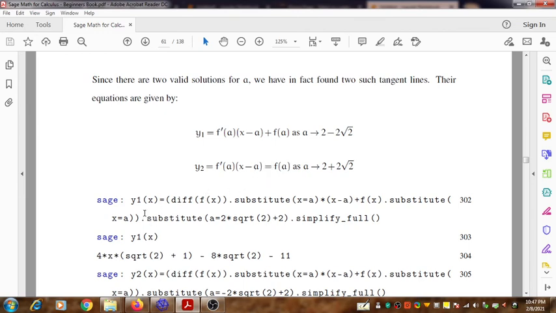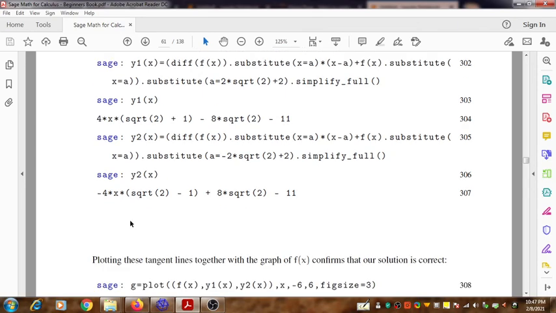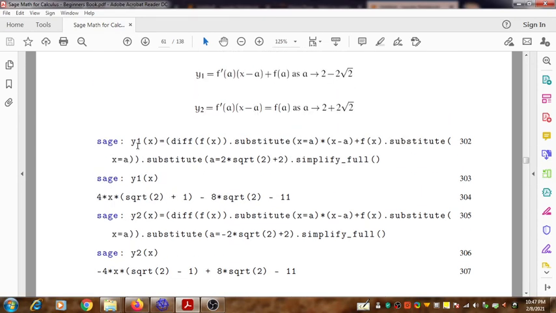Okay, then we have the steps to obtain the equation of the lines y1 and y2, straight lines. Two tangential lines can be obtained now using this command: y1x equal to derivative of fx dot substitute x equal to a, into x minus a plus fx dot substitute x equal to a, that is fa.